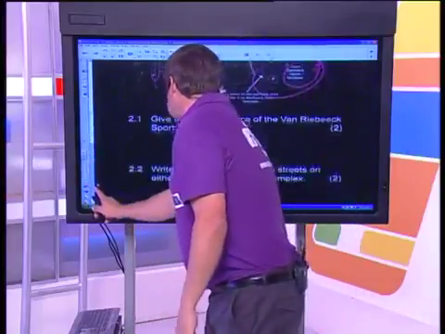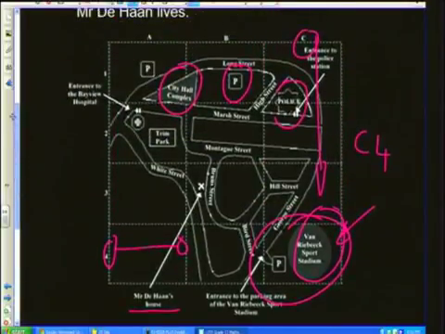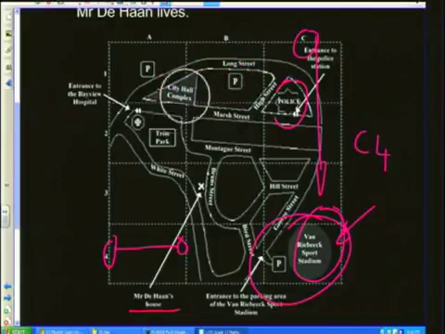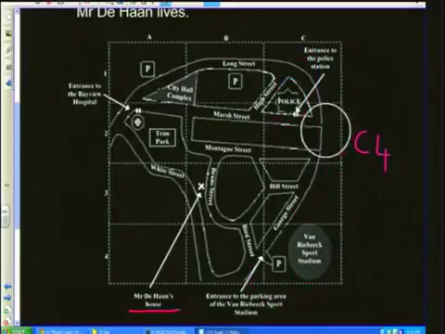Right, my next question says this. Write down the names of the streets on either side of the City Hall complex. Okay, we said we've got a City Hall complex. Here it is over here. And now we need to find the names of the streets on either side. I'm going to take out a little rubber here and clean up because I've made a huge mess and maybe we can't read anything on our map right now. Okay, there we go.